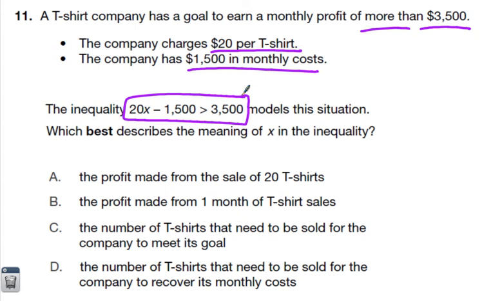And it looks like they just want you to be able to analyze this inequality and think about what would x be representing based on all the information. Obviously, we know that 20 is what they charge per t-shirt. 1,500 is what they have in monthly costs, and 3,500 is what they want to have be the profit.